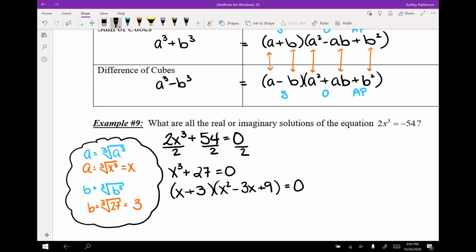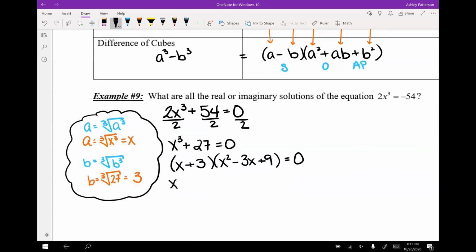Sweet! Now we can set each of these factors equal to 0 and solve. So x plus 3 is equal to 0. x squared minus 3x plus 9 is equal to 0. On the left-hand side, easy peasy lemon squeezy, x is equal to negative 3. On the right-hand side, let me save you some time and effort.